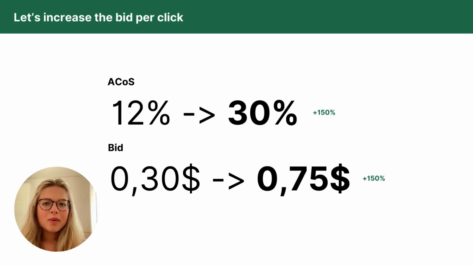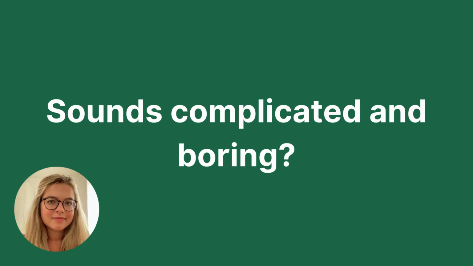We will continue the optimization process as before. So we want to go from a 12% ACoS to 30%, which is an increase of 150%. So we will increase the bids per click by 150%, which reaches 75 cents.